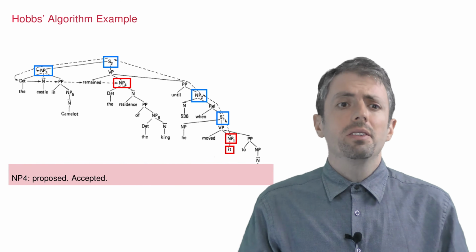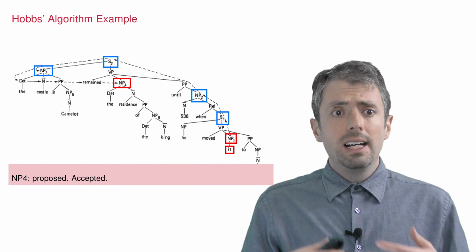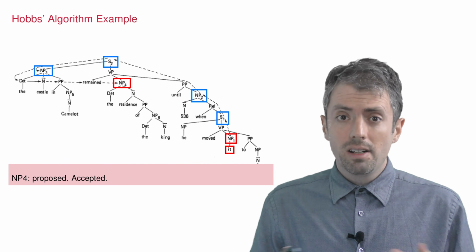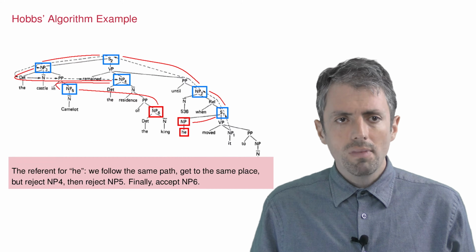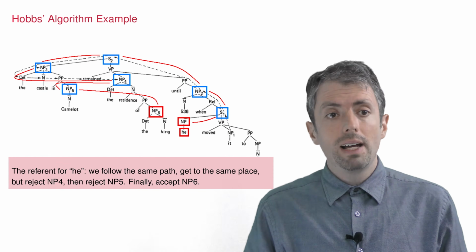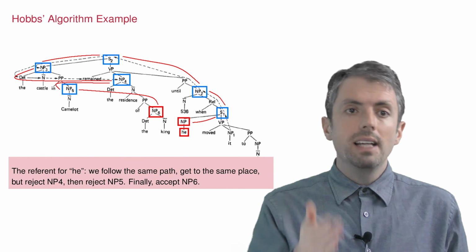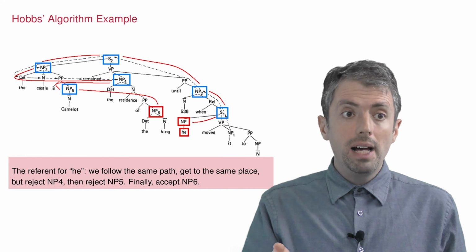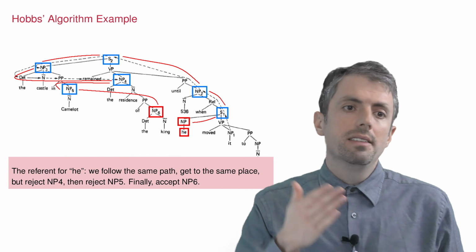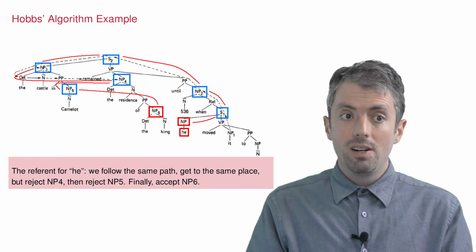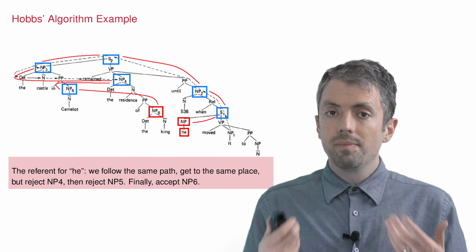Residences don't have gender, so it matches the gender. Residence and it are both singular, so we're all good. We can accept this. You can do something very similar for the pronoun he. You follow almost exactly the same path, but now you're looking for something that's male, and the only thing that matches is the king. So we call that node in P6 the referent.